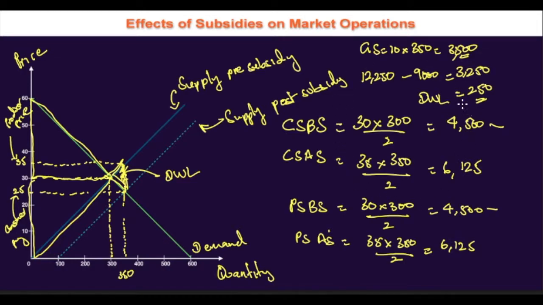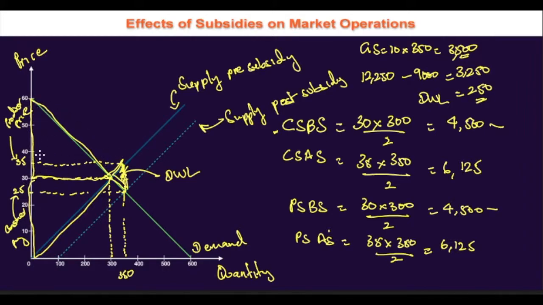So this is how we calculate the consumer surplus, the producer surplus, the government subsidy and the deadweight loss. To understand consumer surplus, you always need to understand what price consumers are willing to pay initially and what price they are paying right now.